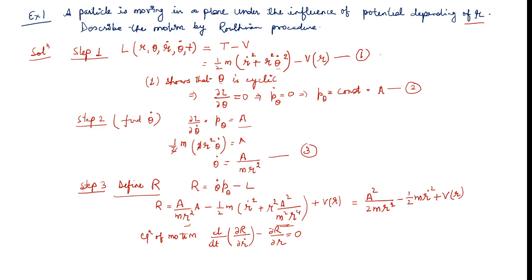Now put in the values and solve. You will get a square upon m r cube, minus dV by dr, minus m r double dot is equal to 0.